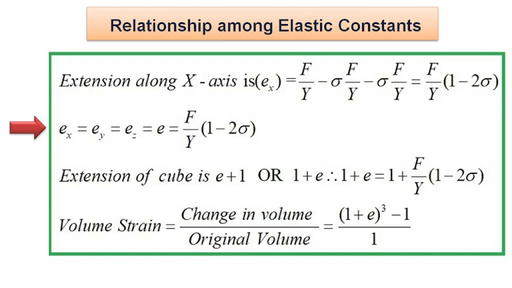We know volume strain, that is the change in volume per unit original volume, is equal to (1 plus E) whole cube minus 1, divided by the original volume, that is capital L into capital L into capital L, which is 1.